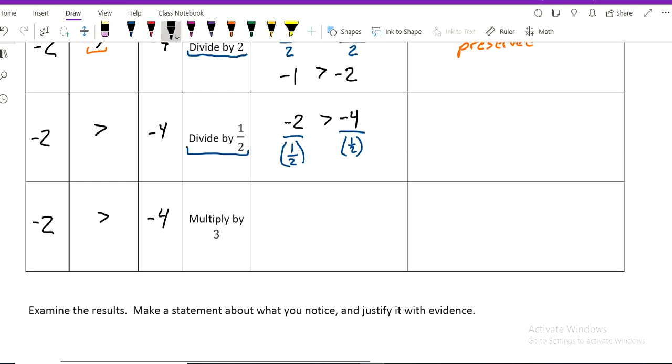So let's see, -2 divided by 1/2 will give us -4. -4 divided by 1/2 will give us -8. So again, symbol's going to stay the same. So all these so far have been preserved. Whether we're multiplying or dividing, it's still facing the same direction.